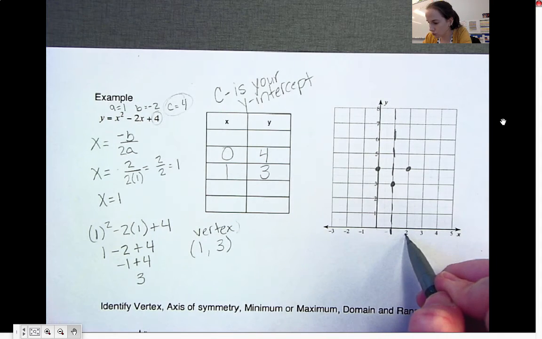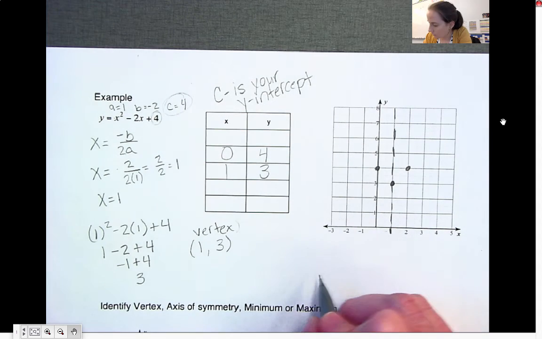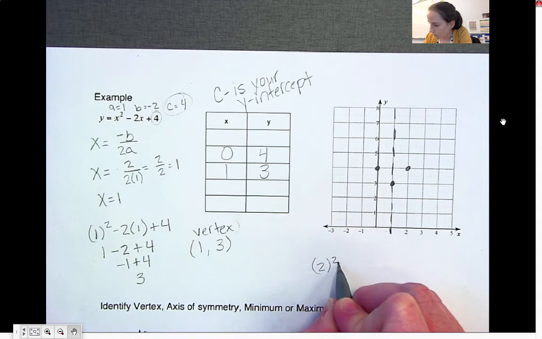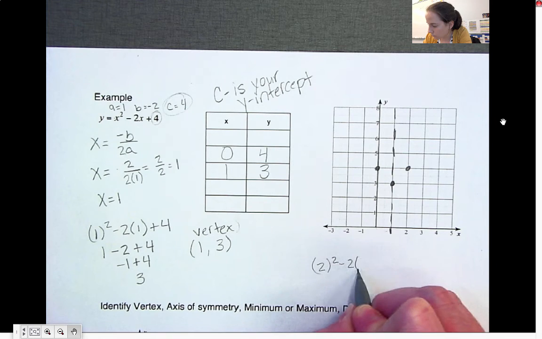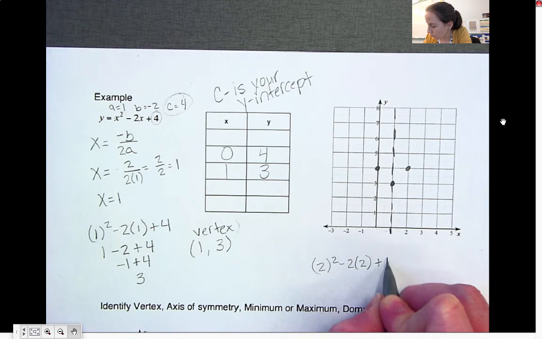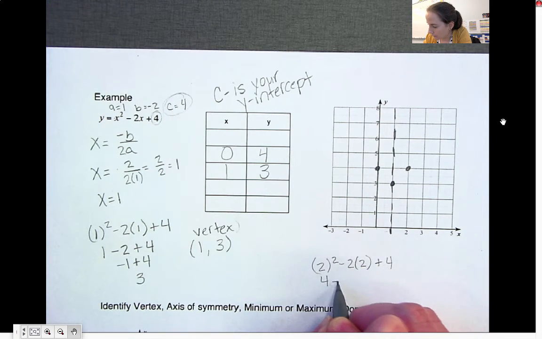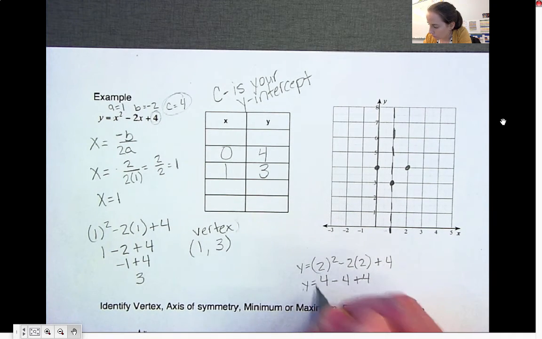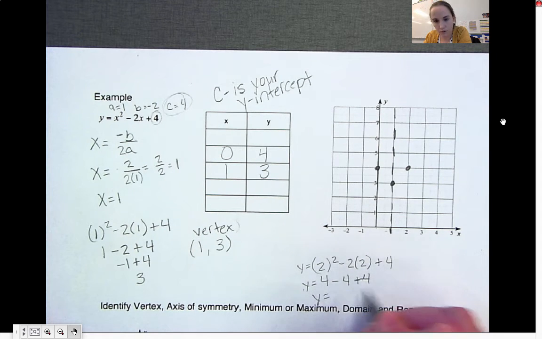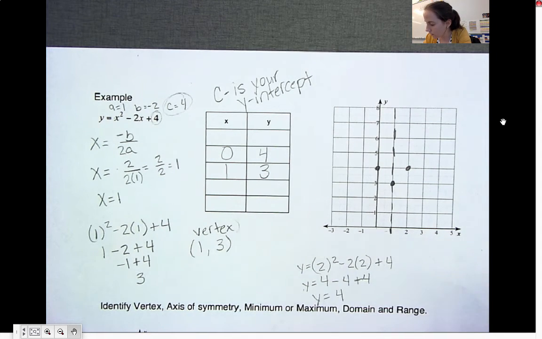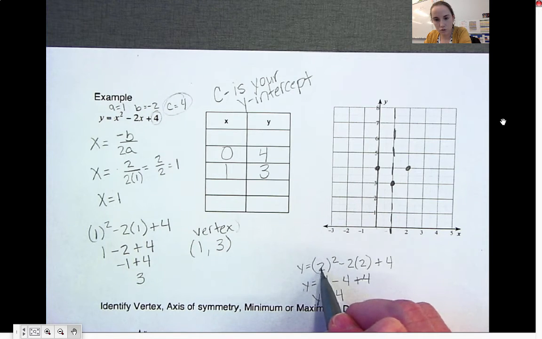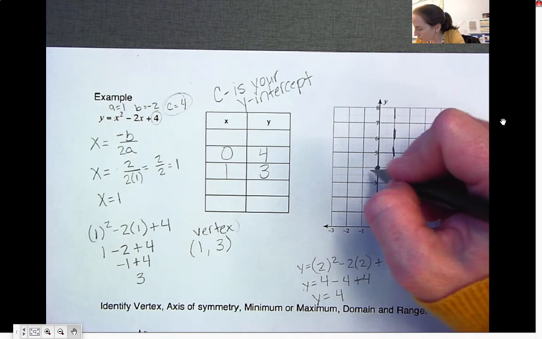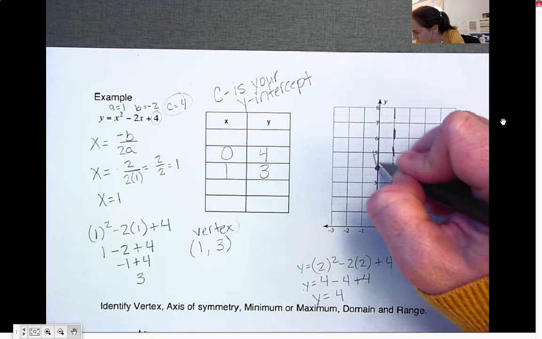If I plug in 2 here, I would get 2 squared minus 2 times 2 plus 4. 4 minus 4 plus 4. And we want to see what that equals. So y equals 0 plus 4, which is just 4. That was when I plugged in 2. So now we can connect, make a U shape.